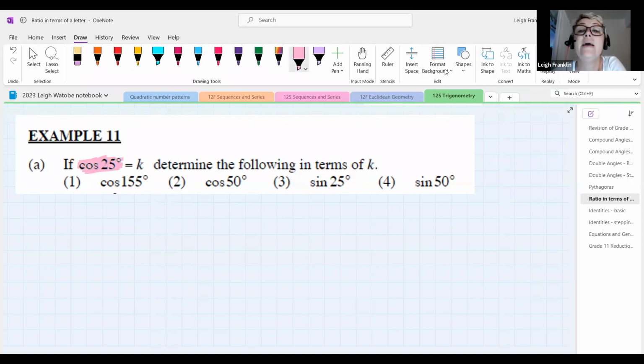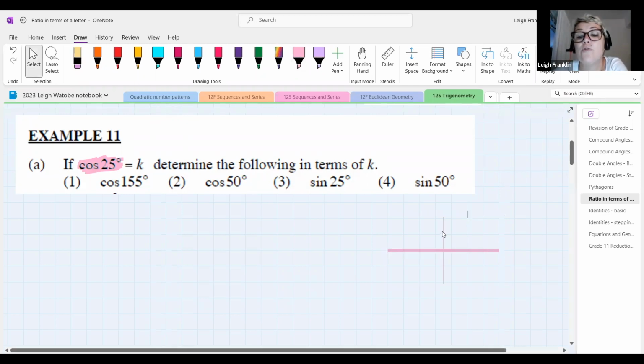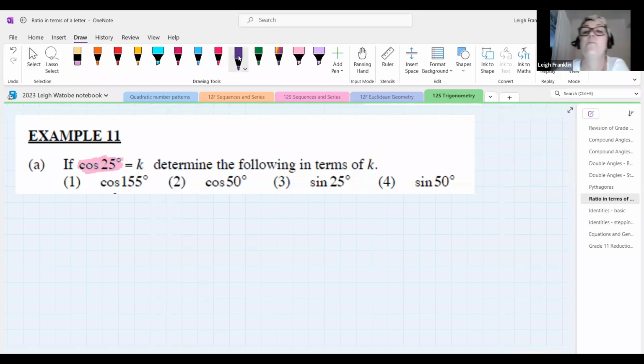So unlike the questions on Pythagoras, when we're talking about ratio in terms of a letter, you do not need to worry about which quadrant we are in, because we're always going to be in quadrant number 1. Okay, so it's a little bit different, but it still involves the theorem of Pythagoras.